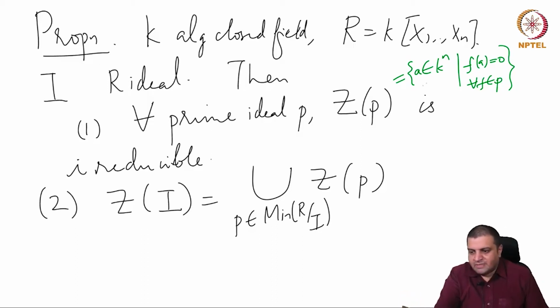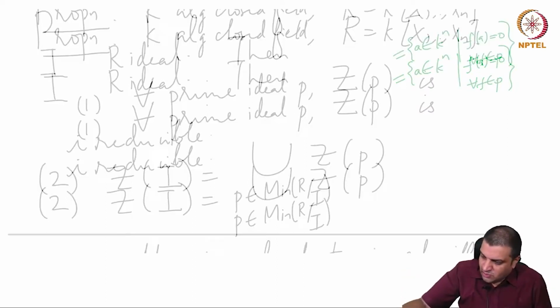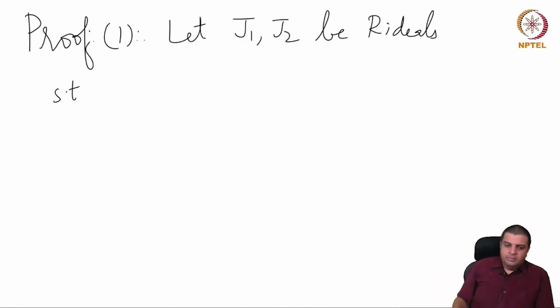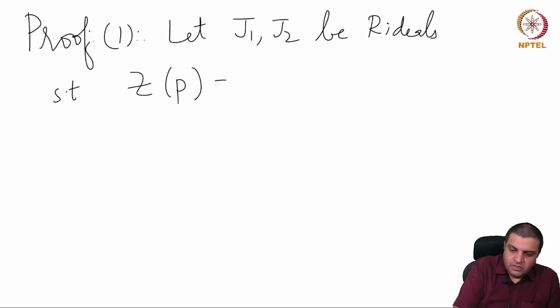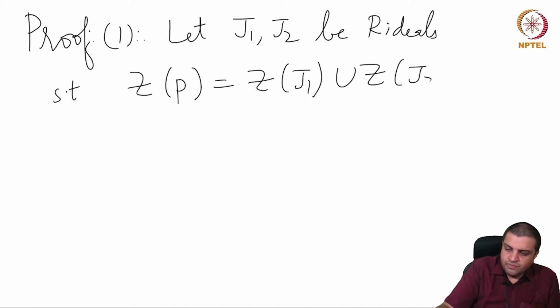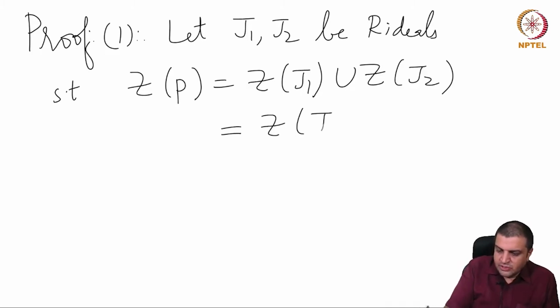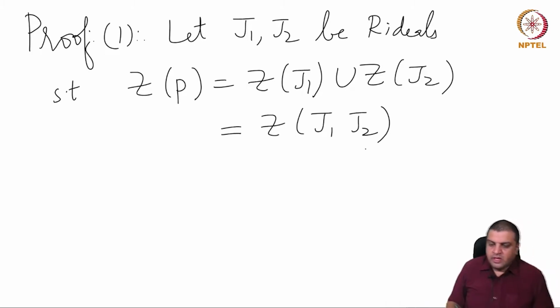Maximal spec of R is identified with K^n, and that gives a topology on K^n. So this is always with respect to the Zariski topology. Let J1 and J2 be ideals such that Z of P is Z of J1 union Z of J2. But we know that this is equal to Z of J1 J2.